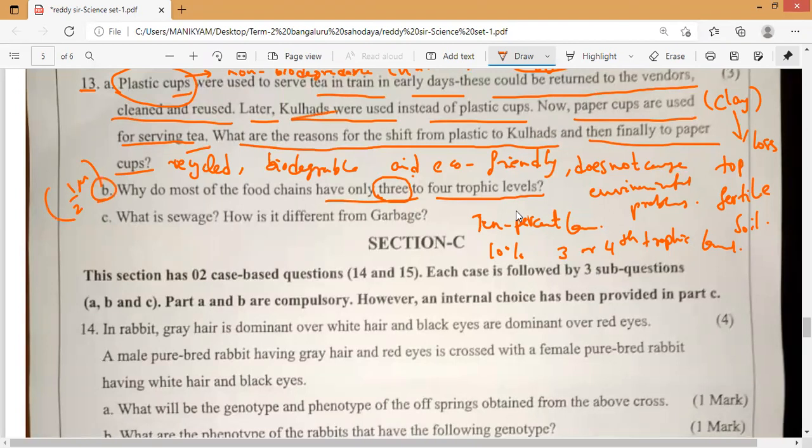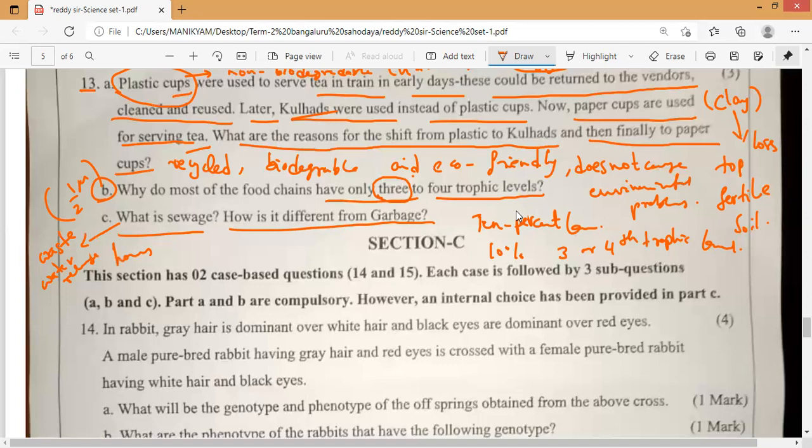Next, what is sewage, and how is it different from garbage? Anybody? So sewage is what? Sewage is wastewater released from the houses. Understand? Wastewater released from homes, and it contains disease causing organisms, like toilet water, bathroom water, or drainage water we can say.